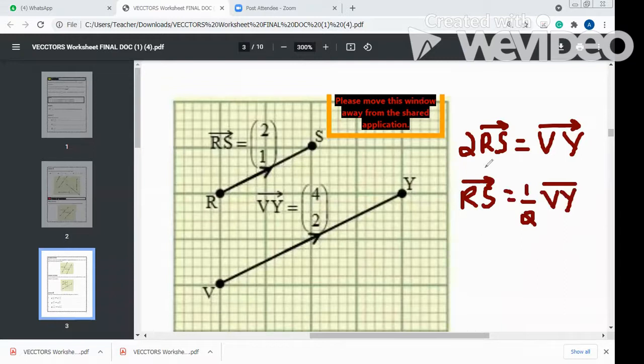So both of these are the same statement. If you can find a number that, when you multiply one of them by it, gives the other, then that means what? They are parallel. All right, any questions?